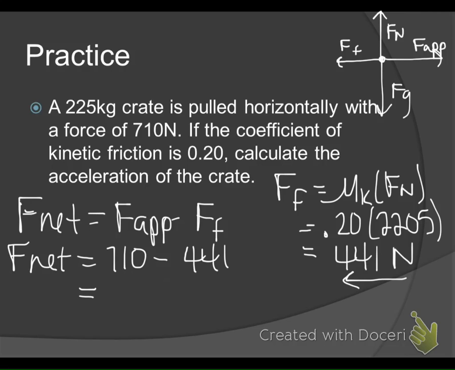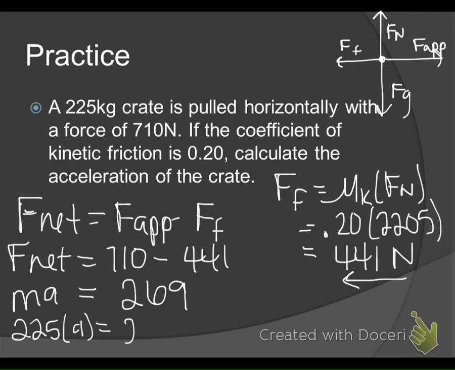And that makes our F net equal what? 269. Okay, so we can substitute F net in here for mass times acceleration. The mass we know is 225 times acceleration equals 269 newtons. And that means acceleration equals what? 1.2. What are my units?